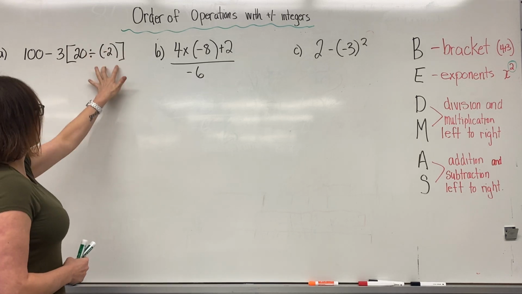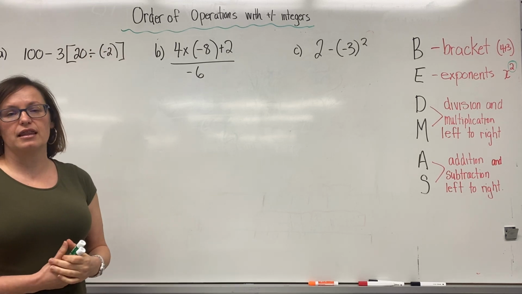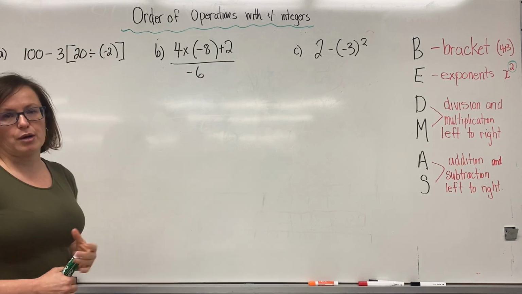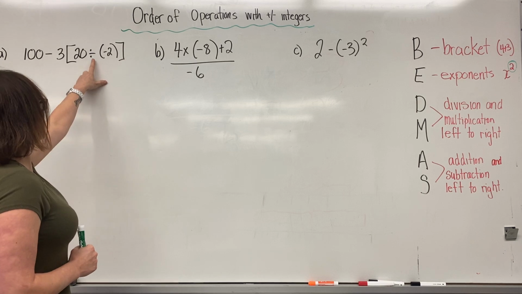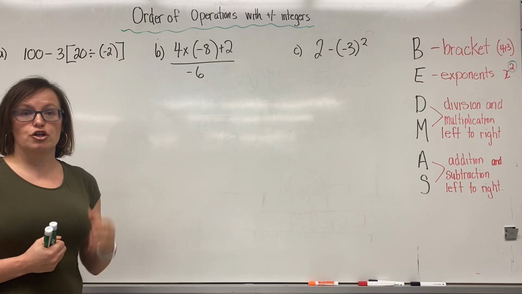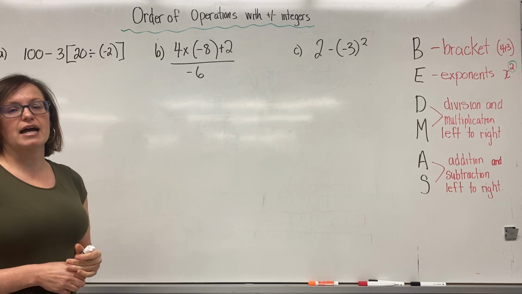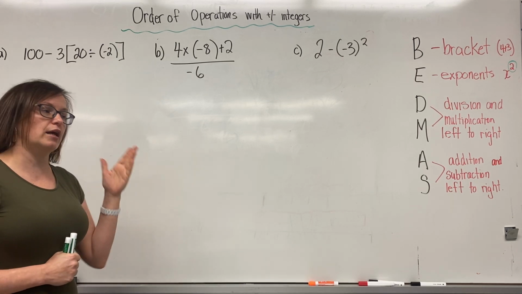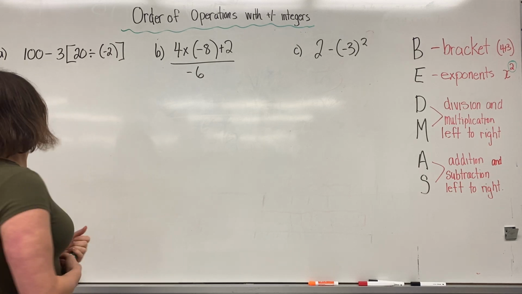So we see that we have those brackets around the integer negative 2. There isn't an operation within these brackets, but it's to separate the operation symbol and the negative symbol. So this is something that you're going to want to be aware of and notice, and also put into your own equations to make sure you can differentiate between the operation and the negative symbol.